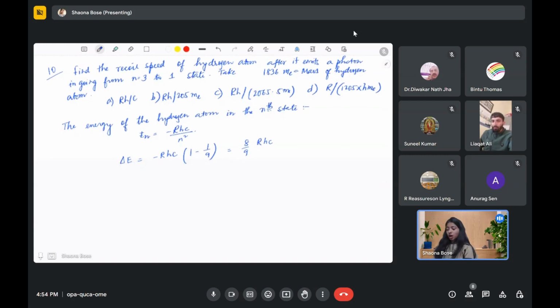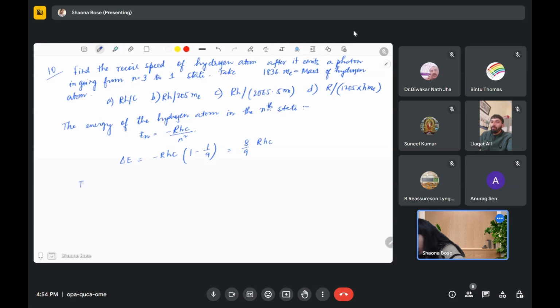Okay. So for this transition, there's this energy. That means when a photon is emitted, what is the momentum of that emitted photon?